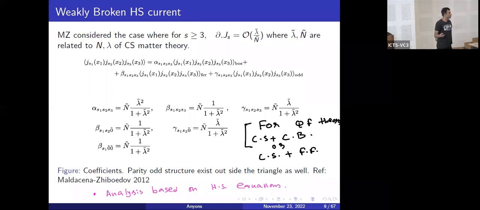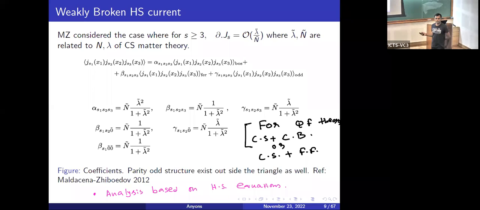But I thought in the limit where n tilde goes to infinity, they become conserved currents, right? That is right. So somehow in that limit, how do you see that the parity odd structure is absent?